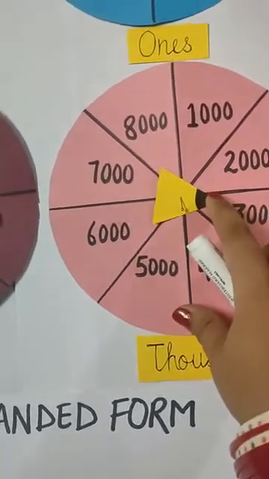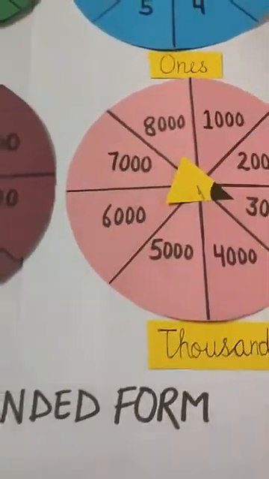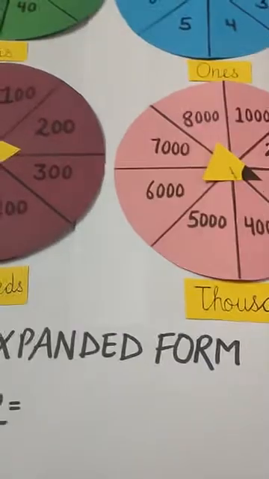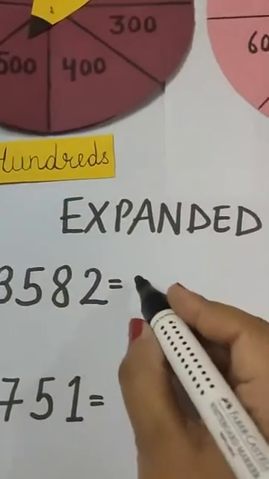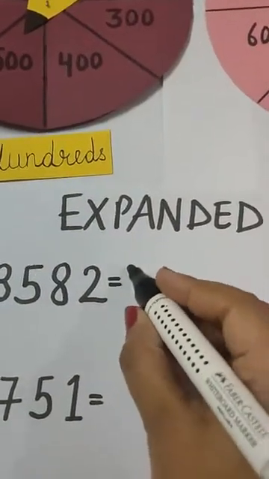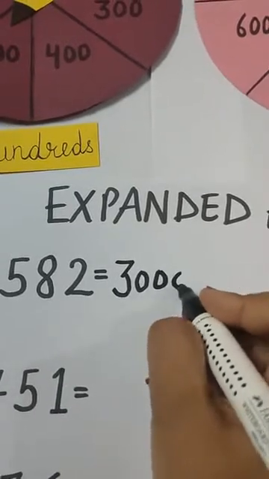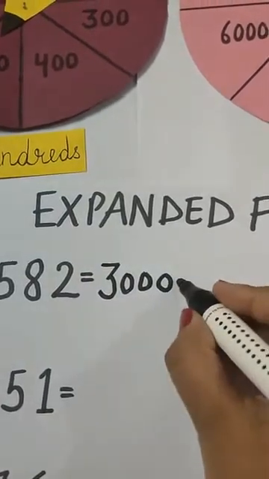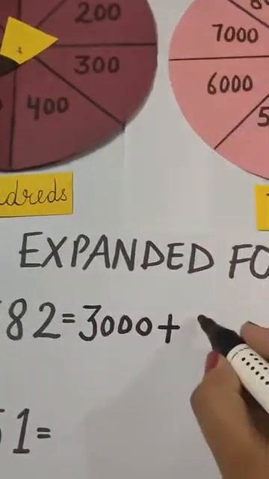So what will be the expanded form of this? You can see on the screen. The thousands place we will write first. It is facing towards 3000, so the expanded form will be 3000 plus how many hundreds? You can see it is facing towards 500.